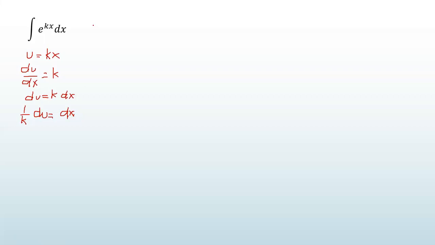So this integral we may write as e to the power u, where dx equals 1 over k du. If we write 1 over k in front of the integral, it becomes 1 over k times the integral of e to the power u du.